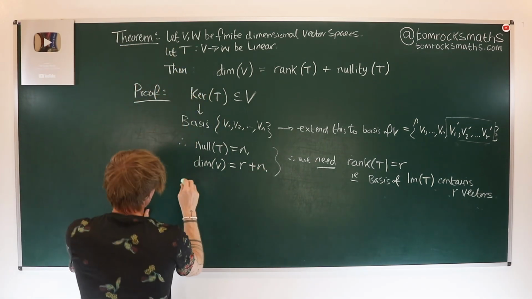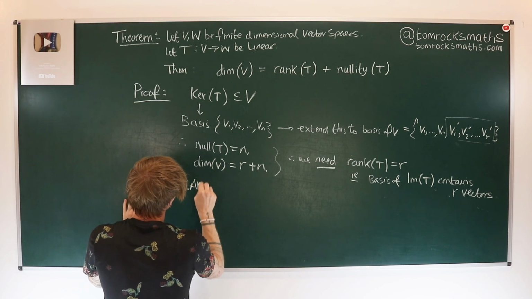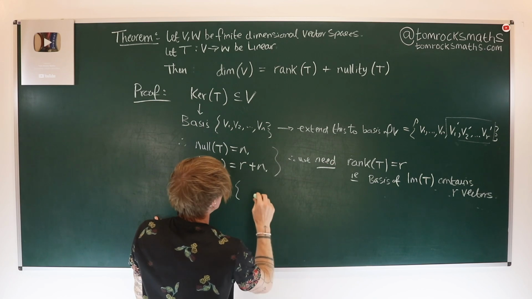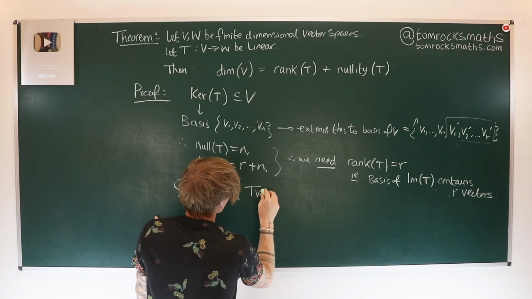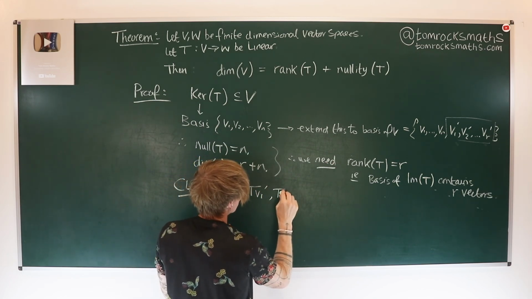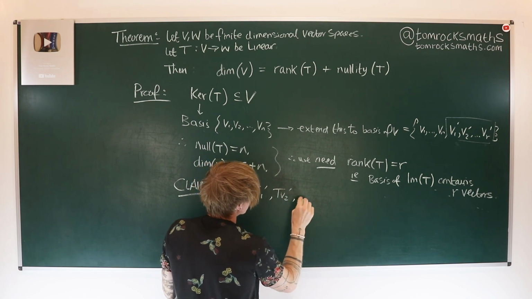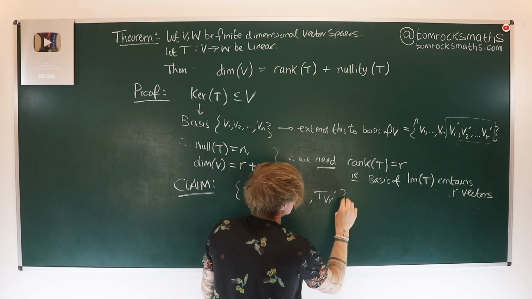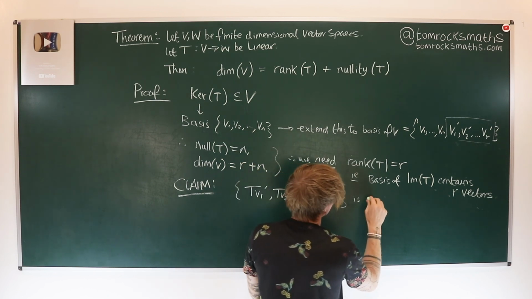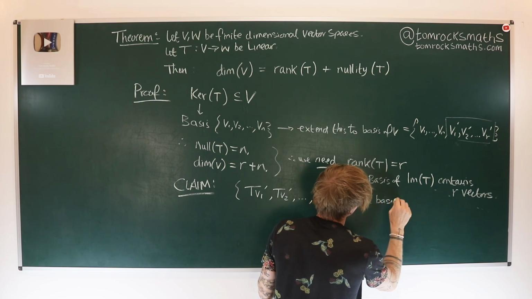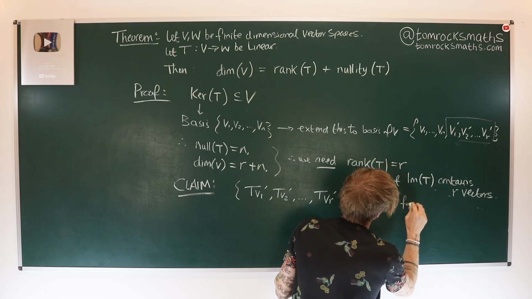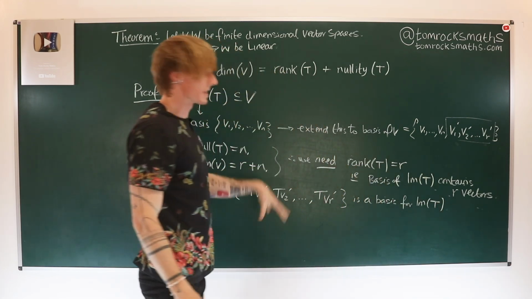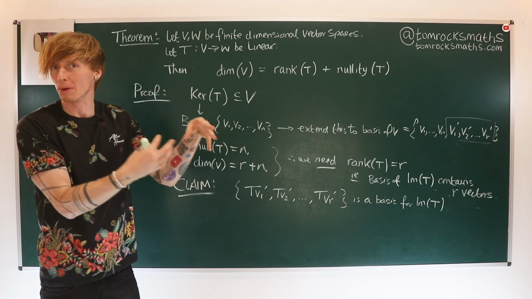I'm going to claim, and this is what we're going to prove, that the collection of T applied to the V primes, so T of V1 prime, T of V2 prime, up to T of VR prime, is a basis for the image of T. We of course need to show this, and that's the bulk of the proof.